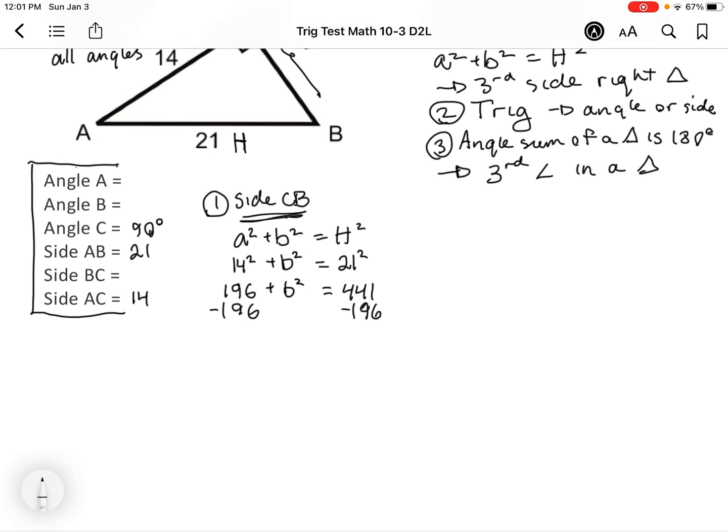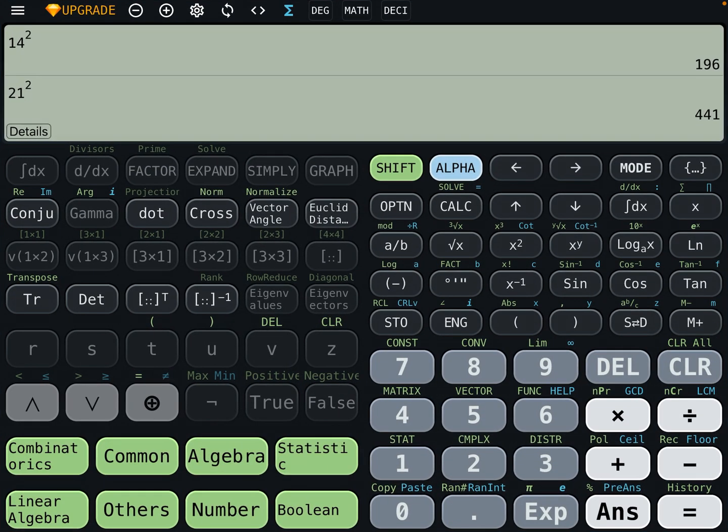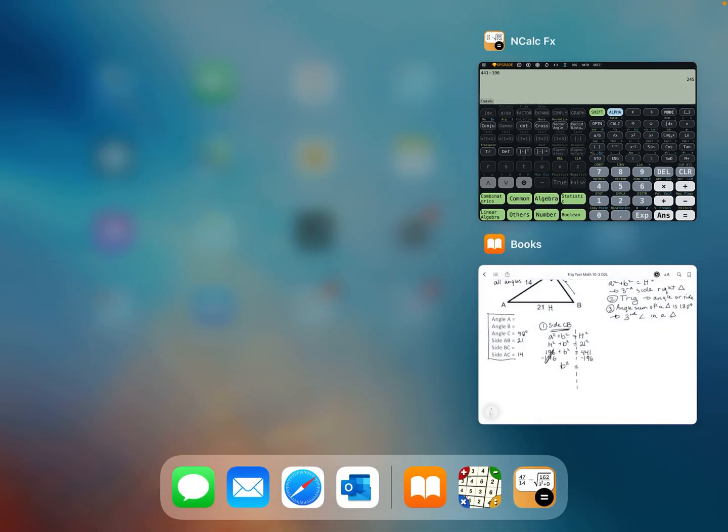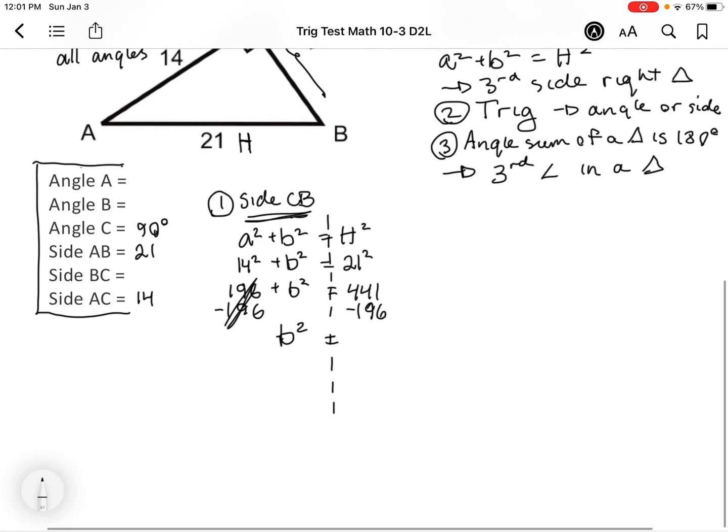And I have to subtract it from both sides so that I keep the equal sign happy, right? I got to keep the equation balanced. So this is going to become nothing. And all that I have left now on the left side is b squared. 441 minus 196 is 245. So b squared is 245.